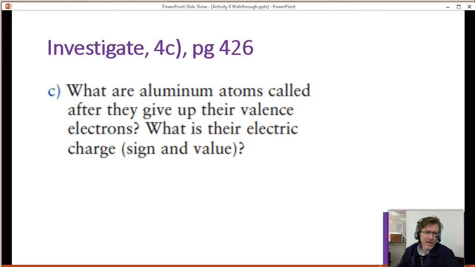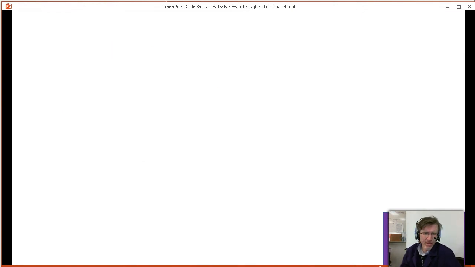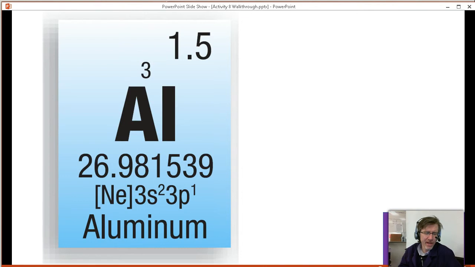What are aluminum atoms called after they give up their valence electrons? What's their electrical charge? Aluminum has no charge. It's neutral when it has the same number of protons as electrons. But I'm losing 3 electrons, that means I'm taking away 3, so I have more protons. Let's do it together. Aluminum is built on neon.